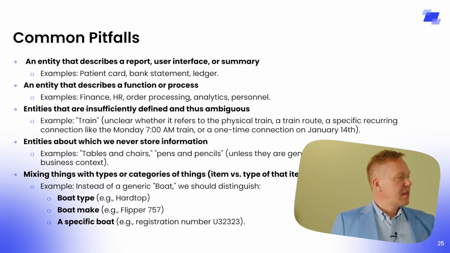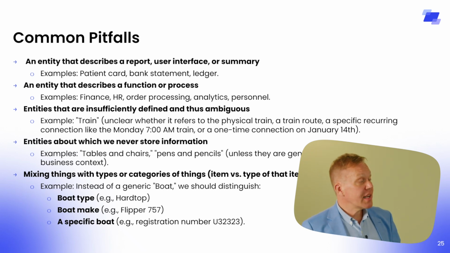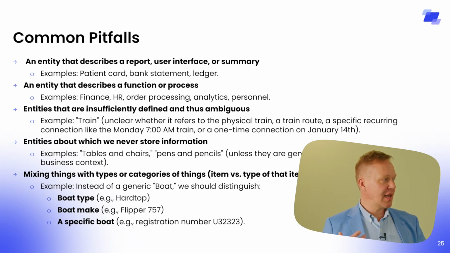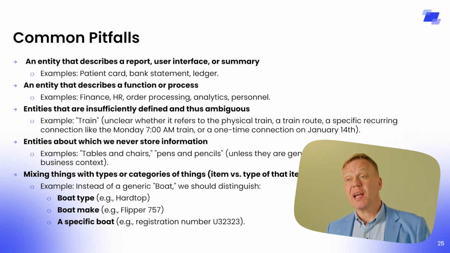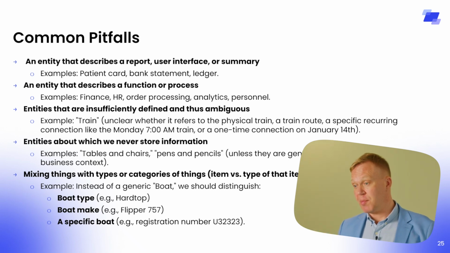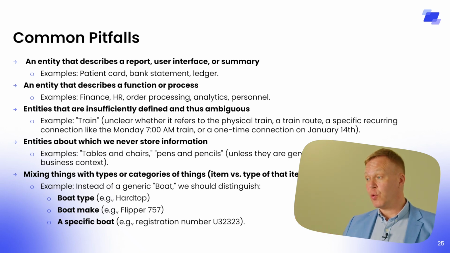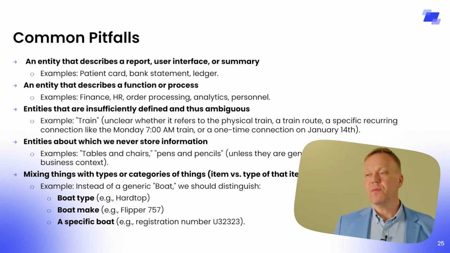The third one, there we have an example: train. It doesn't say that train is a bad entity name. It is a valid entity name. What it says is that we haven't defined the entity properly, and therefore it is ambiguous. We already had an example before, about product item versus product type. We used the same name for two different meanings, and it's the same thing here. Let's say we were the management team of a train company.